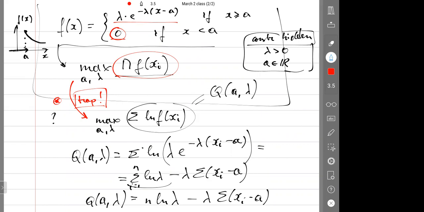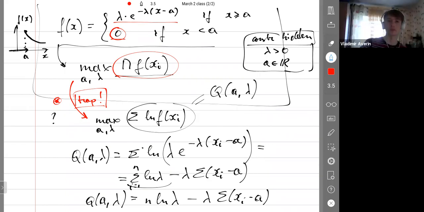So basically, why do you write that A is greater than the minimum of x1, x2, and so on? Stepan, what's your reasoning behind that A is greater than minimum? Well, I think it should be less than minimum.